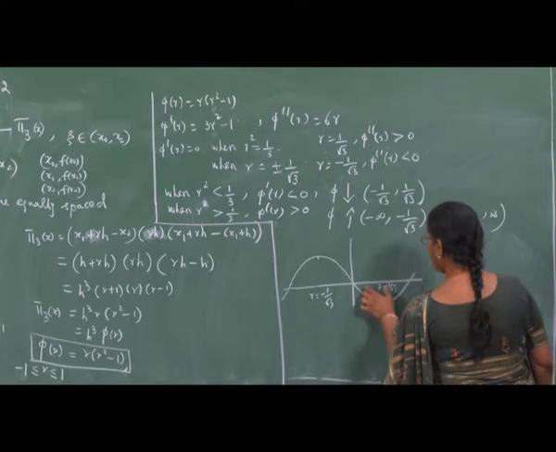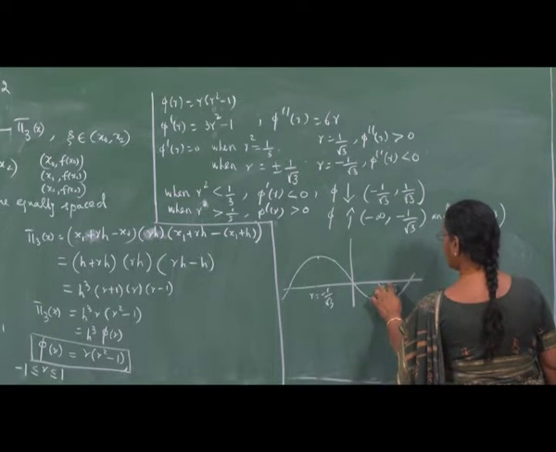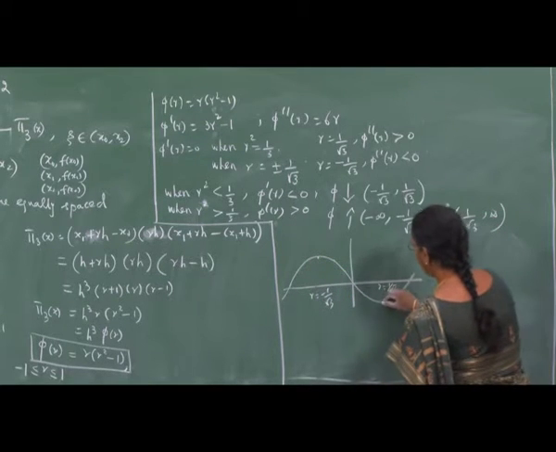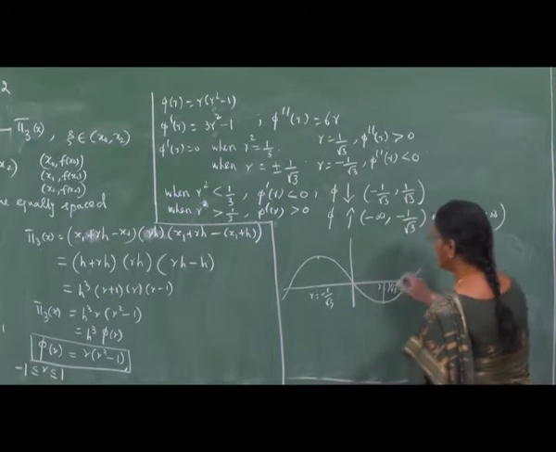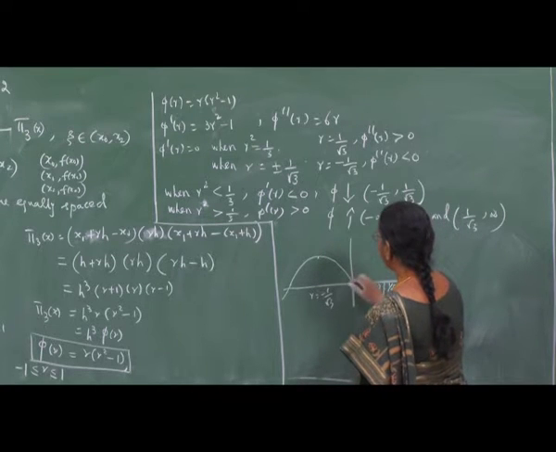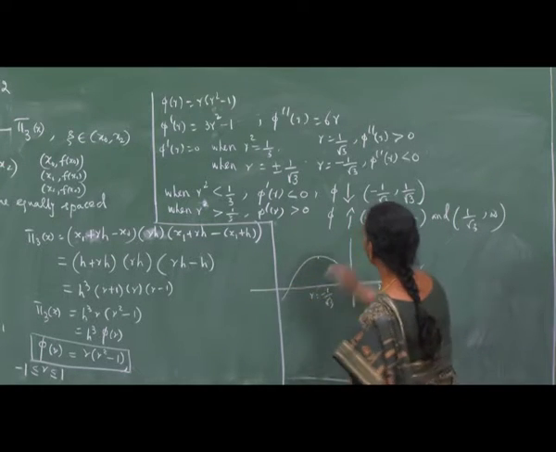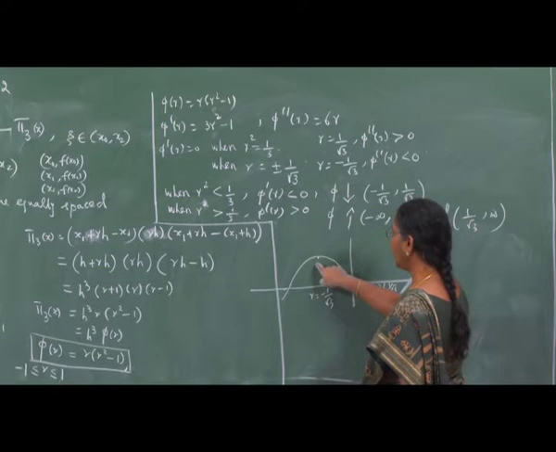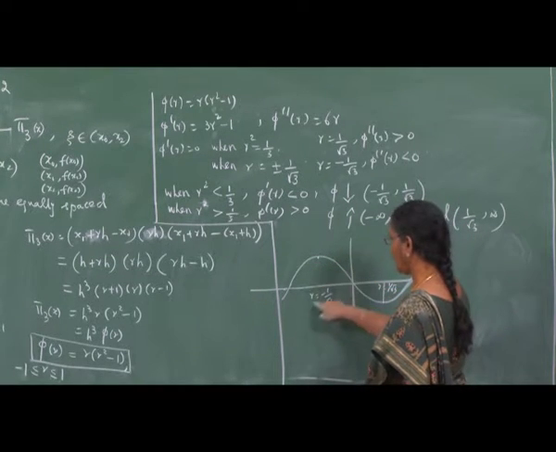In this interval between minus 1 by root 3 to plus 1 by root 3, it decreases, and beyond this it increases, and therefore, the maximum of phi is attained at this point.